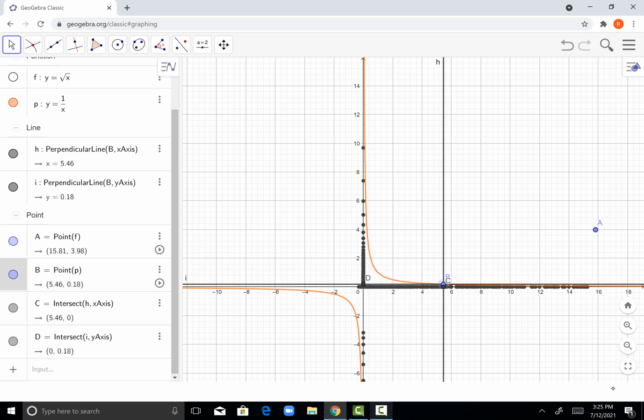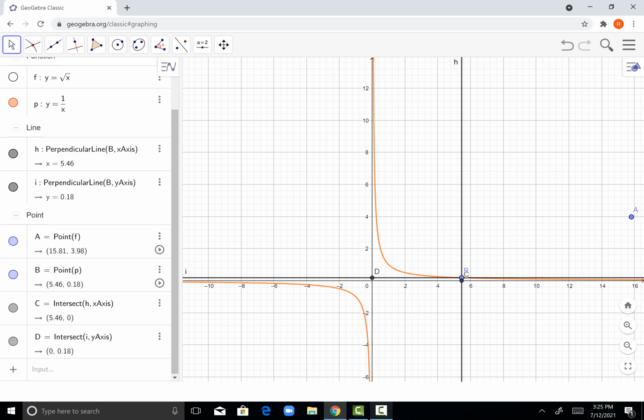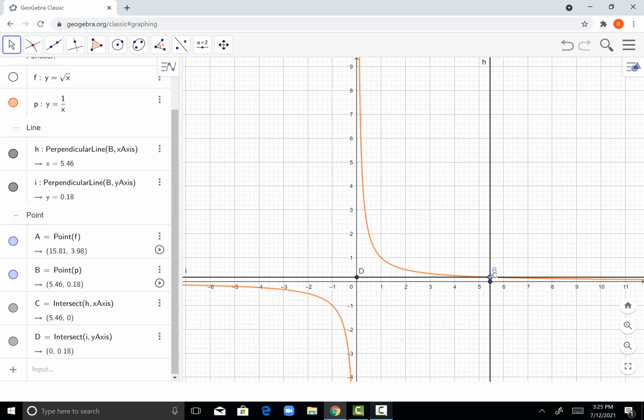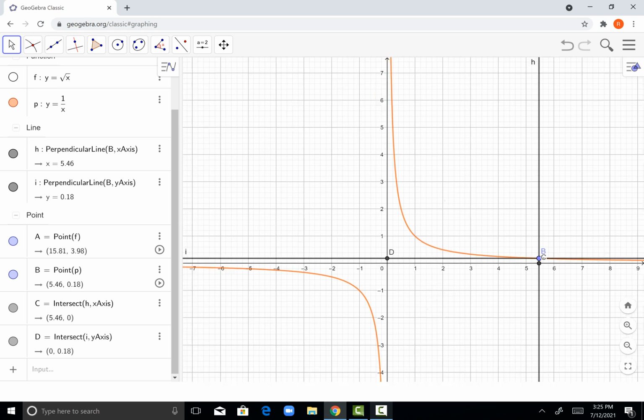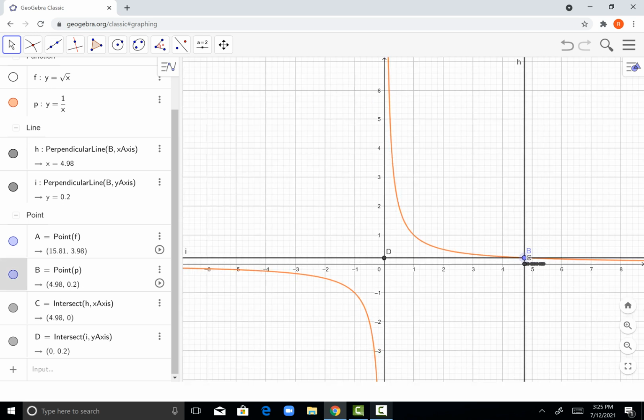Now, I didn't get a point over here, but if I did, you would see, and it's really hard to see this, but let me see if I can get this zoomed in just right.